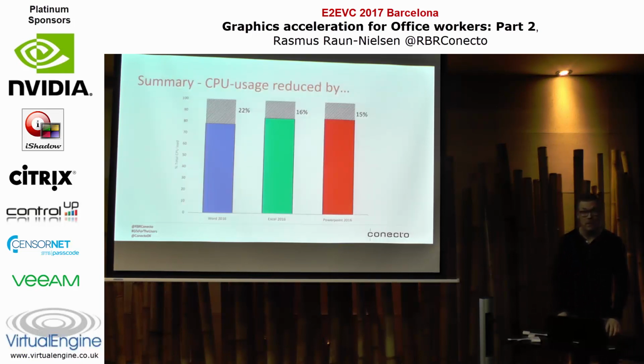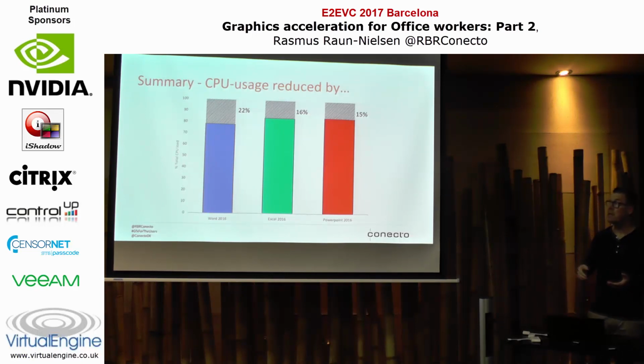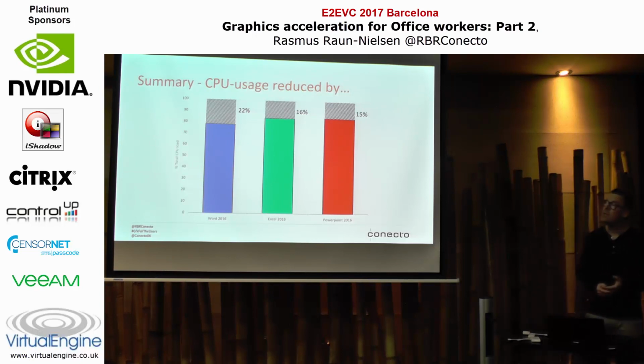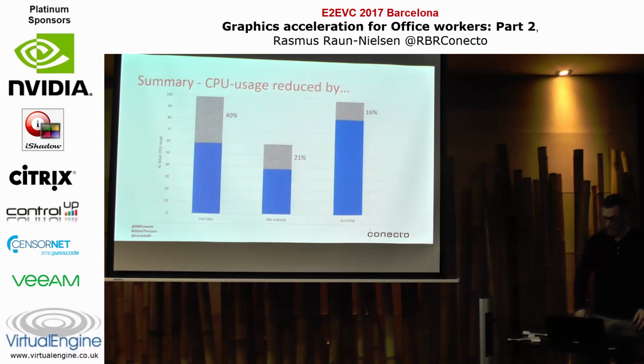Taking all this into account, we see that for the Word process, the CPU is offloaded by up to 22 percentage points, and Excel 16, and PowerPoint 15%, at least in my test cases. So Office seems to be happy about having a GPU, and Windows 10 of course.